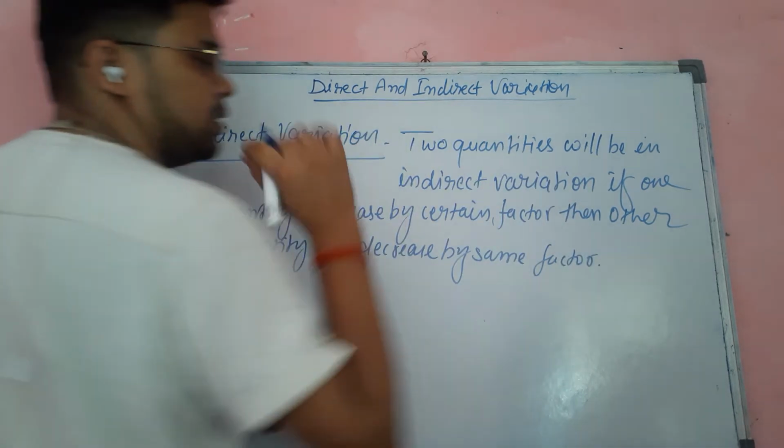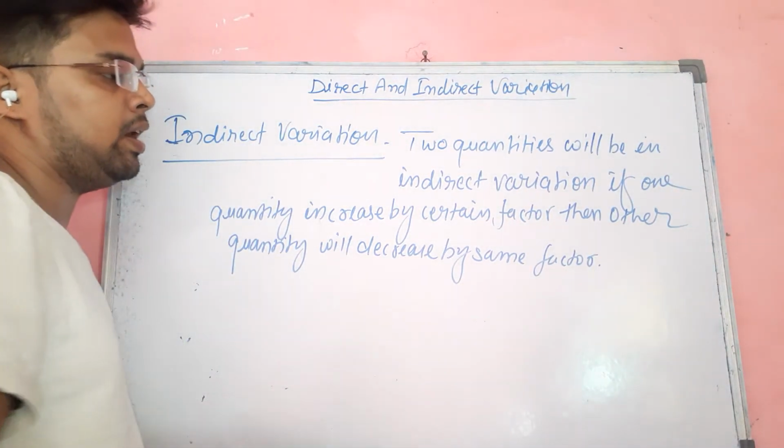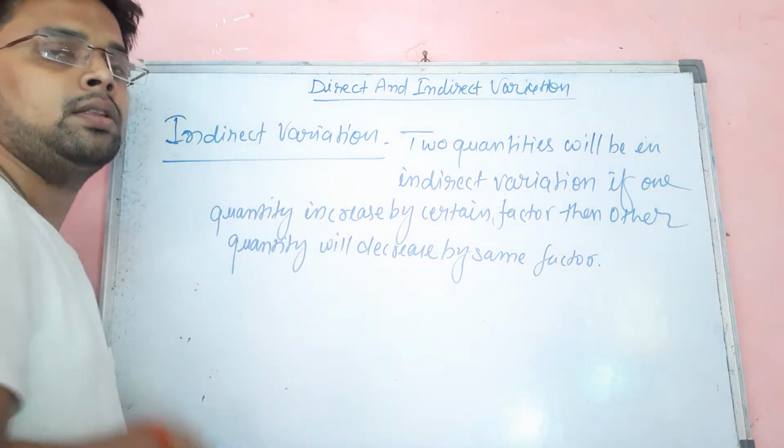So this is the definition. If two quantities are in indirect variation, so if we increase one quantity by a certain factor, then the other quantity will decrease by the same factor.